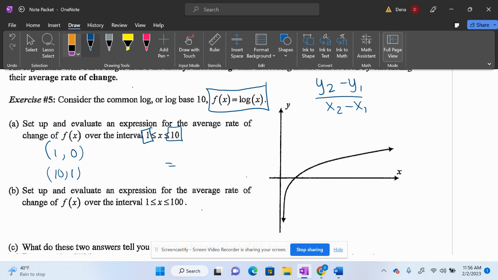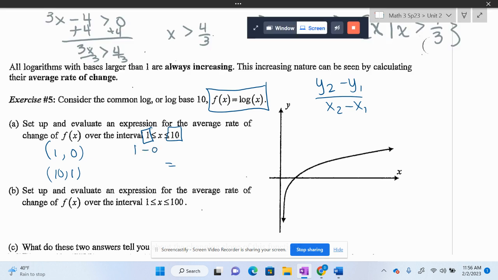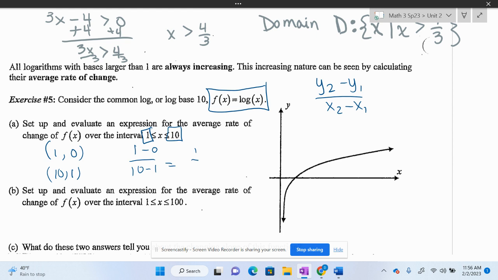I'm so sorry, you guys. The y value is 1 minus 0 over 10 minus 1. So that equals 1/9. That's my rate of change. For every 1 y that I go up, I go to the right 9.